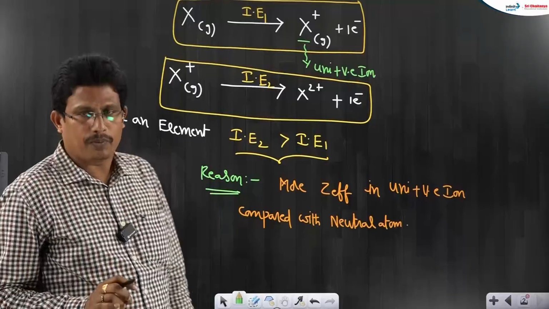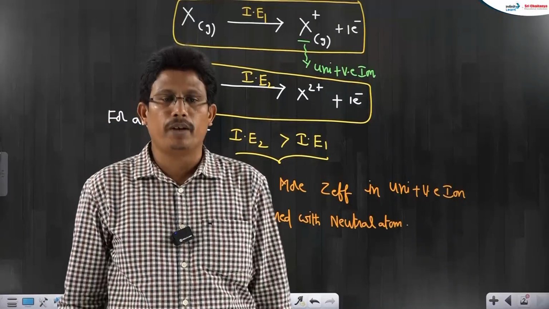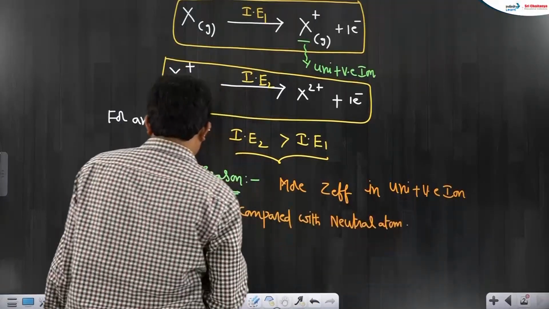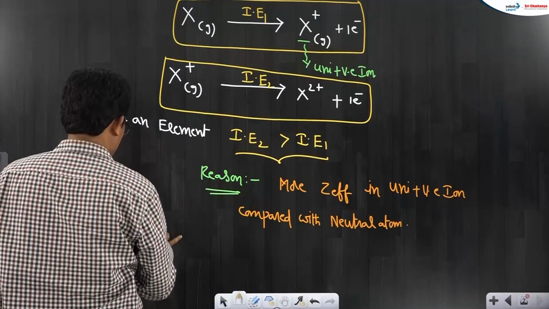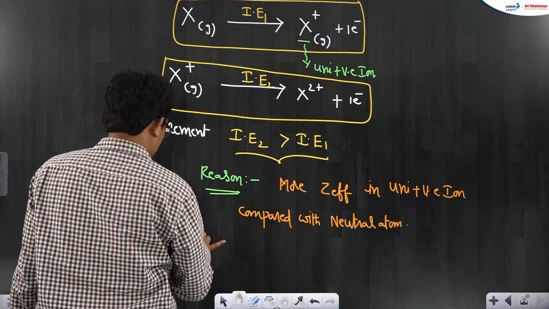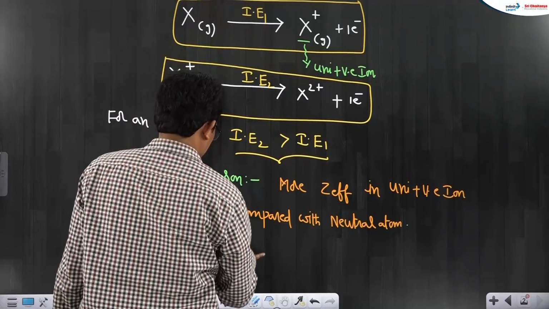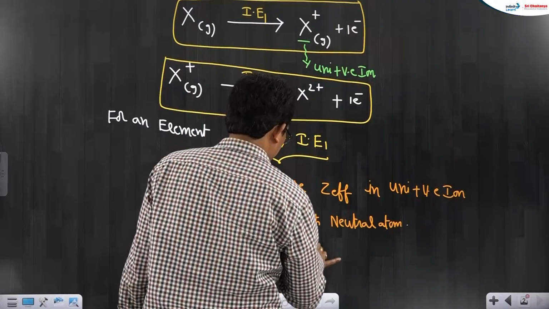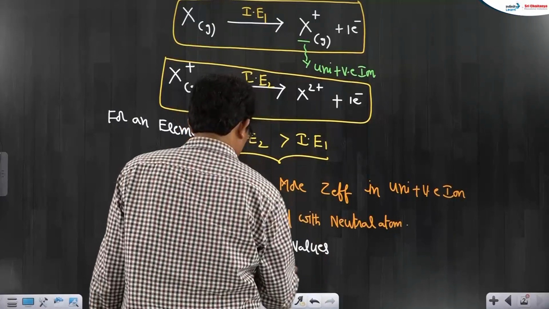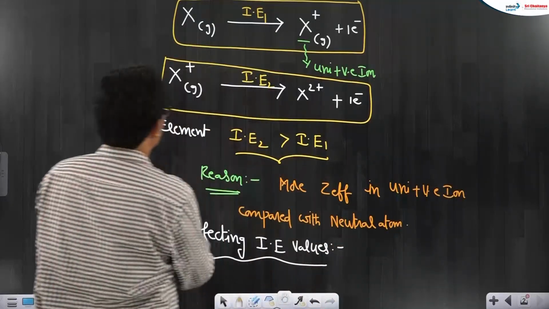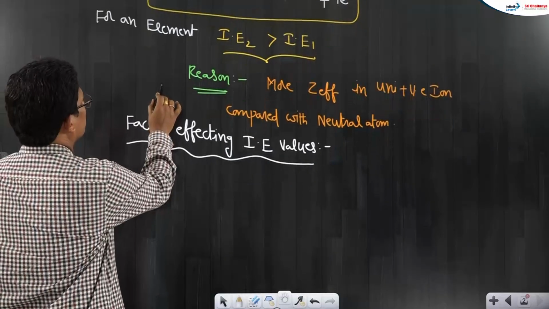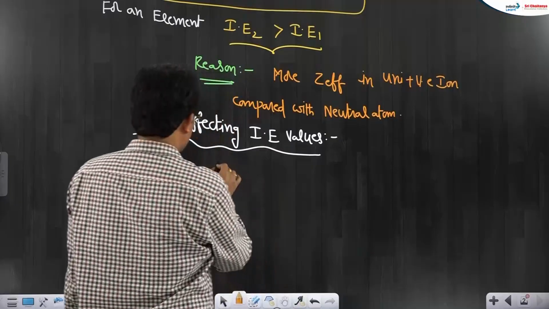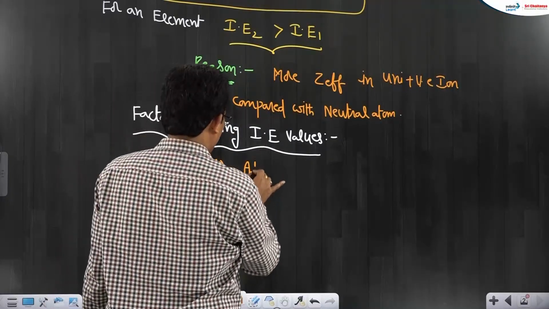Ionization energy values of elements are influenced by many factors. The important factors affecting ionization energy values are, first, atomic radius.